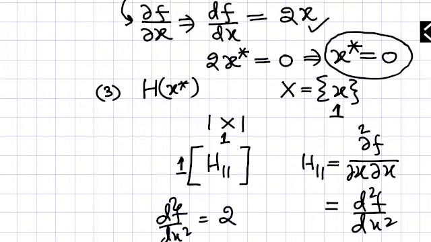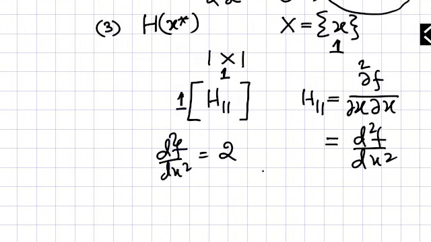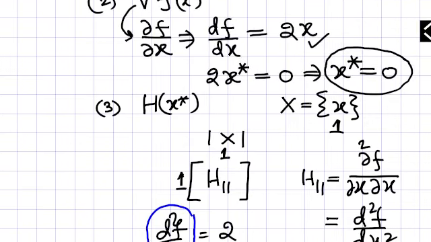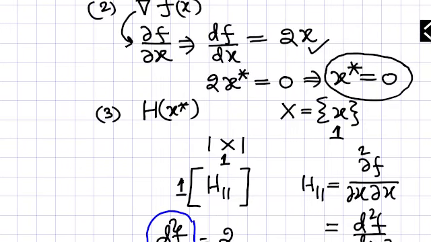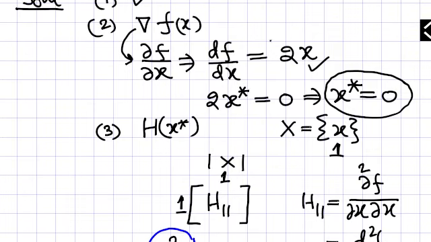So what do you learn here? The Hessian matrix is nothing but the double differentiation of your function that you already do in your elementary classes. When you find maxima and minima, you first differentiate it, and after that you double differentiate it.